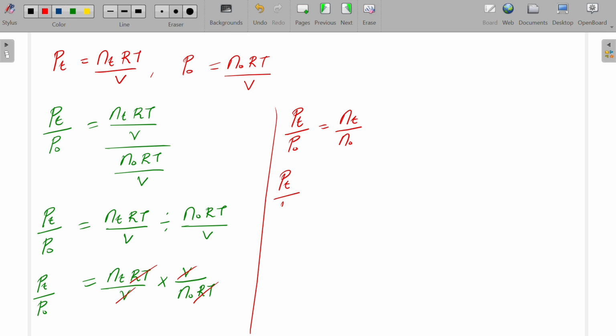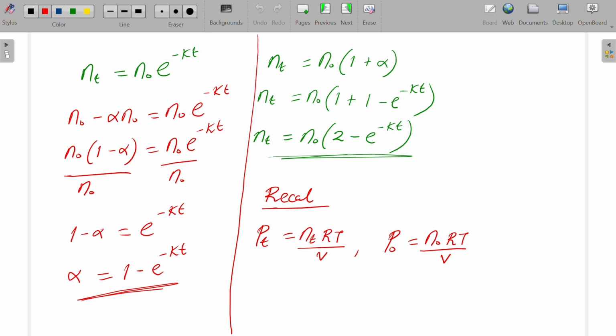So PT over P initial is equal to, we're now going to replace the total number of moles with the total number of moles we found earlier on. We said our N total is equal to N initial times 2 minus e to the minus kt. So this is what we're going to replace.